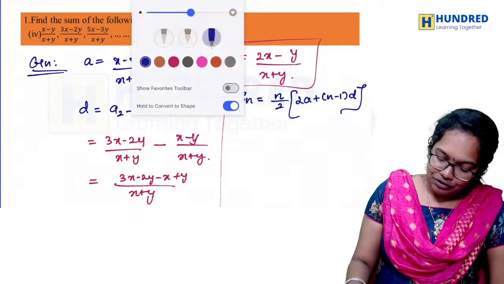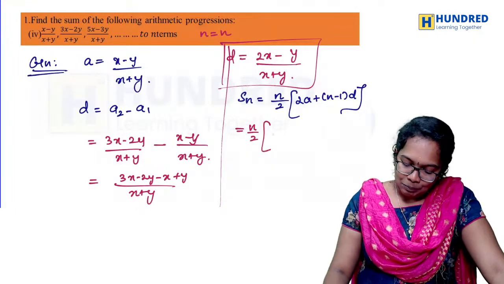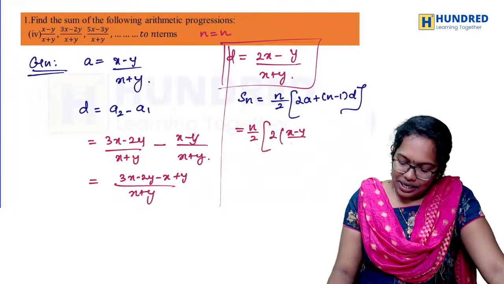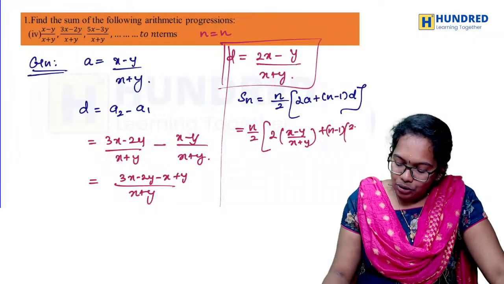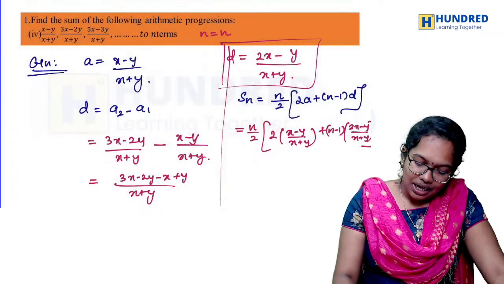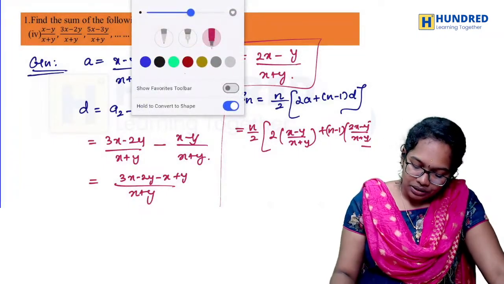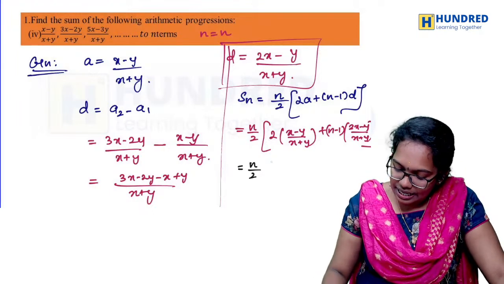So just substitute the values over here. What are the values? Here it is n/2 into a, which is (x − y)/(x + y), plus (n − 1) into (2x − y)/(x + y). So now what you have to do is take the common things.